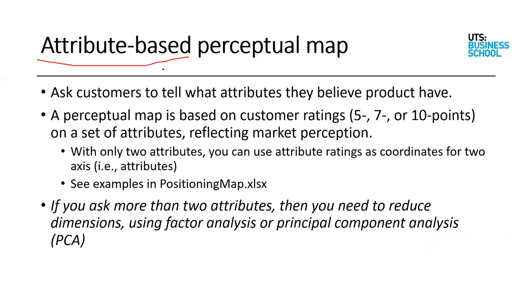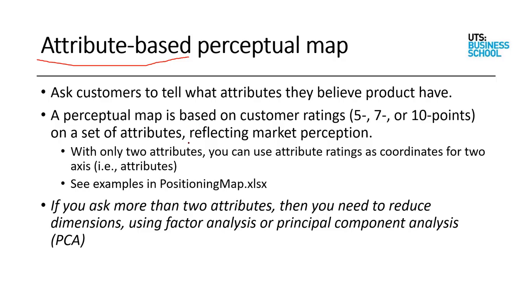So we ask the customers to tell us what attributes they believe the products have, how they view those attributes. So for example, just exactly what you're doing in your conjoint task, you are asked: please indicate your preference for the different designs on a scale of 1 to 7 or on a scale of 1 to 10.